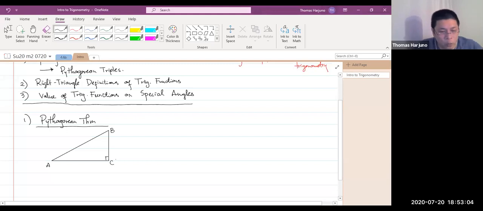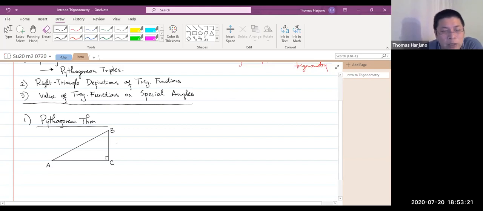The way we name the vertices is using capital letters, and the sides have two ways to be named. By the way, this is something we learned in geometry.